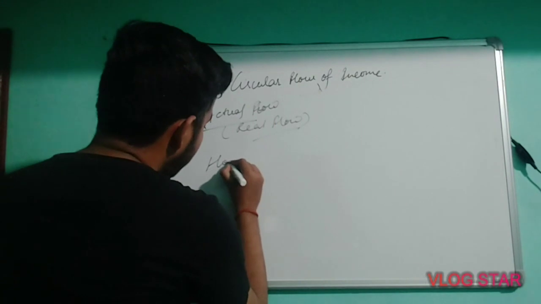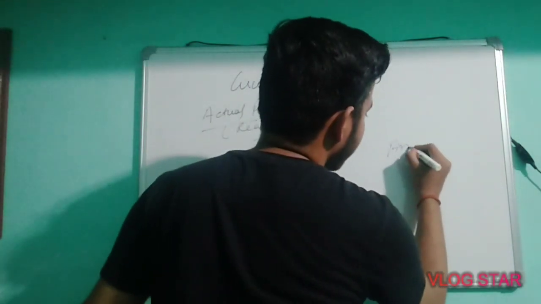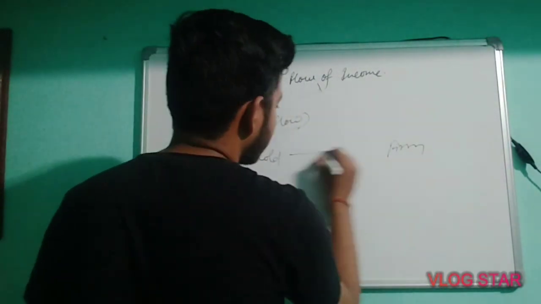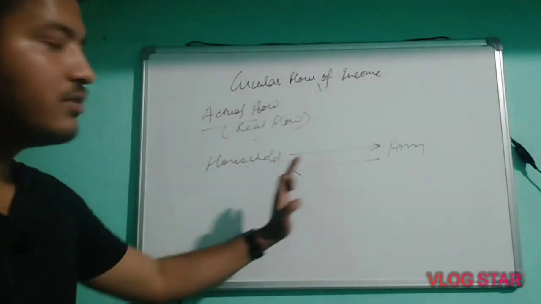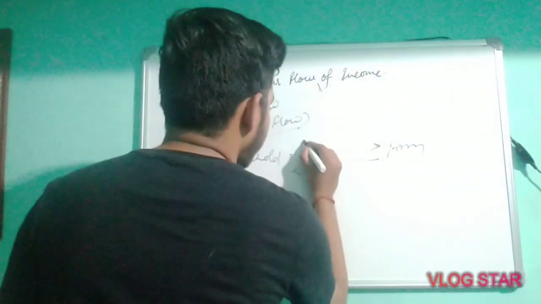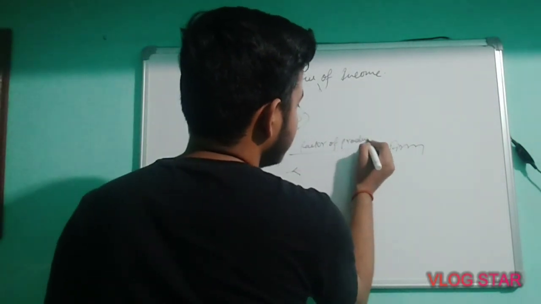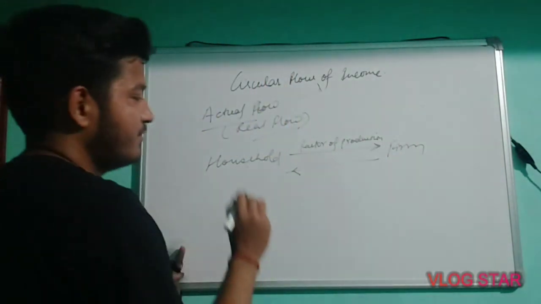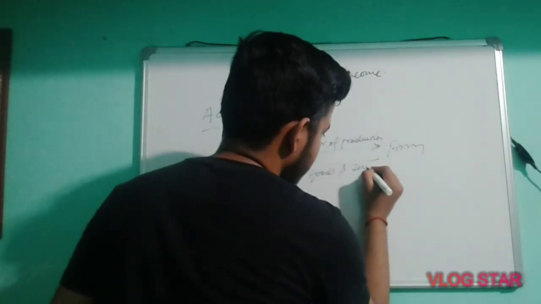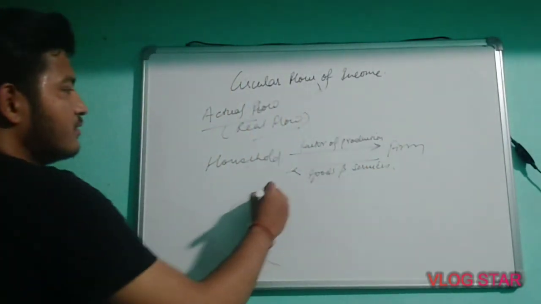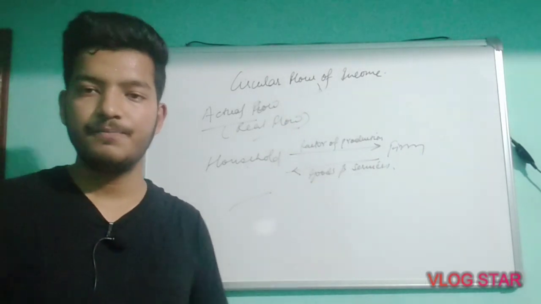After removing the involvement of money, household gives factors of production and firm gives goods and services. So this is the actual or real flow.